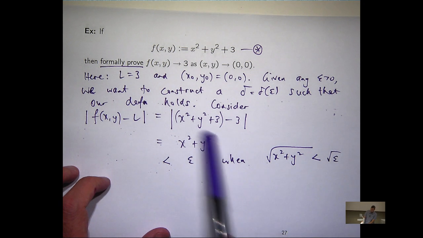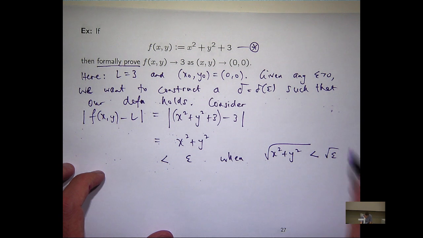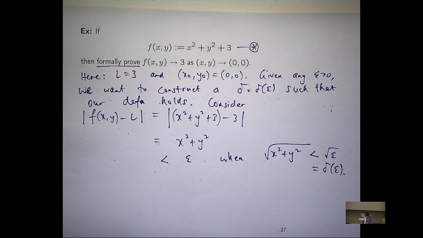If that's true, then that's definitely true. Right? So what I've done there is I've constructed my delta. I'm going to say for every epsilon, I'm going to choose delta to be root epsilon. So you give me epsilon, I can give you delta. I'm constructing delta.